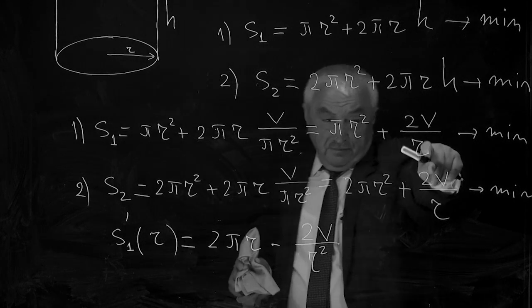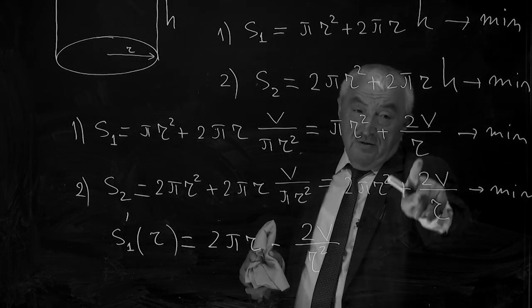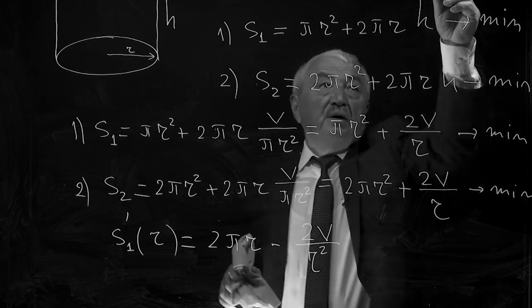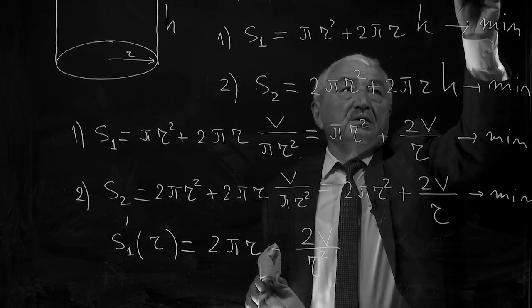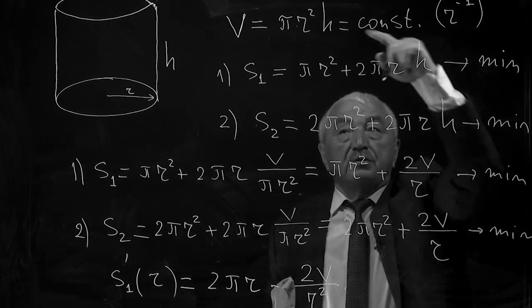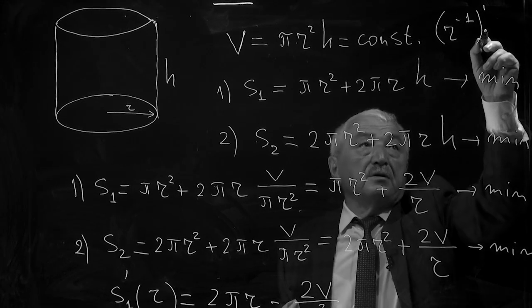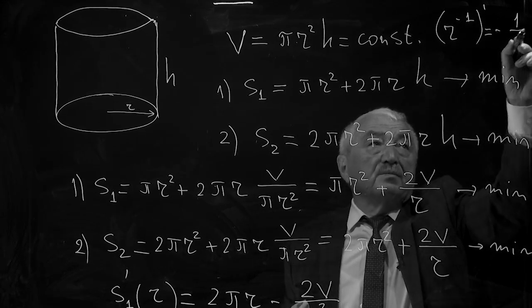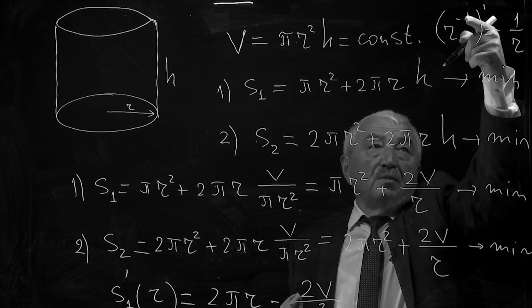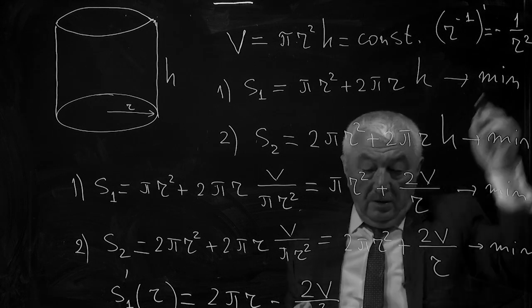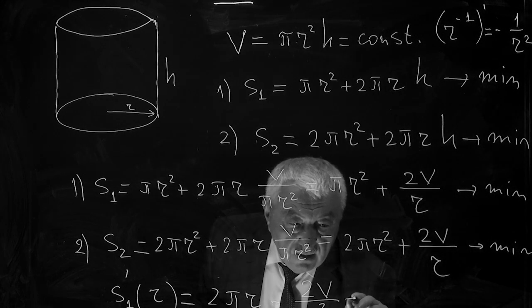Derivative of function 1 divided by r, r to the power minus 1, derivative according to the general formula, minus 1 divided by r to the second, equals 0.